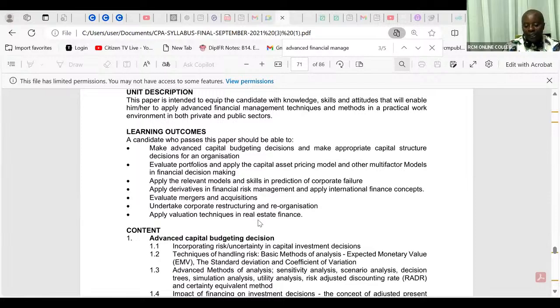Apply valuation techniques, not just in real estate finance alone, but ladies and gentlemen, finance managers are great valuers. We shall be able to look at, for example, RCM College, how much cash flow it is able to generate every year. Those cash flows, given our historical patterns, we should be able to extrapolate and project into the future, like 10 years.